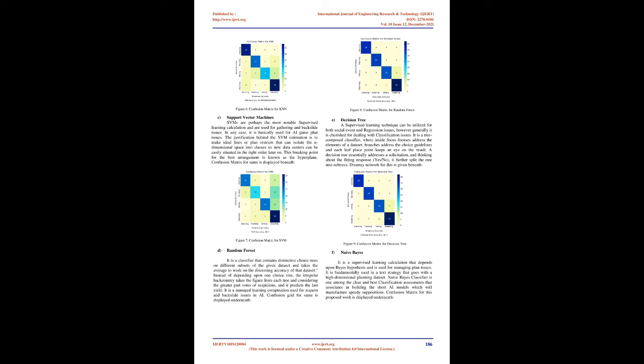It predicts the output of a categorical dependent variable. In this way, the result should be a categorical or discrete value. It will overall be either yes or no, 0 or 1, true or false, and so on. However, rather than giving the exact value as 0 and 1, it gives the probabilistic values which lie somewhere in the range of 0 and 1. The confusion matrix of this work is shown.